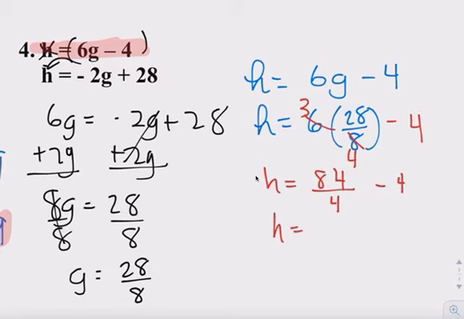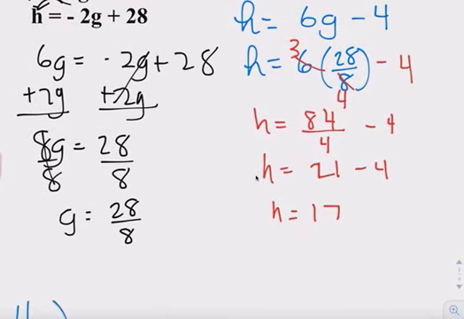H equals 21 minus 4. Hey, I chose a good one. H is equal to 17. G, H, I. So our answer is 28 over 8 and 17.